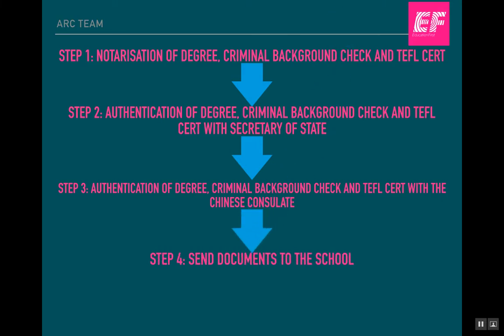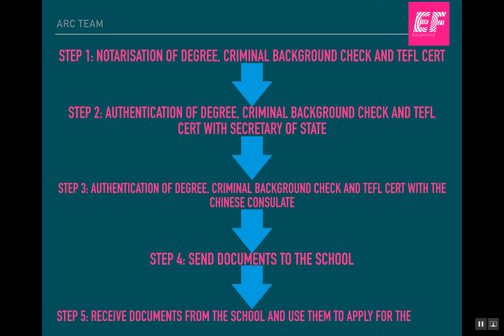Step four, send the documents to the school. And then step five, the final step, receive the necessary documents from the school and then use them to apply for your Z or working visa. So this is a basic outline of the procedure of getting the work visa. But what we're going to do now is take a look at each step a little bit more closely.